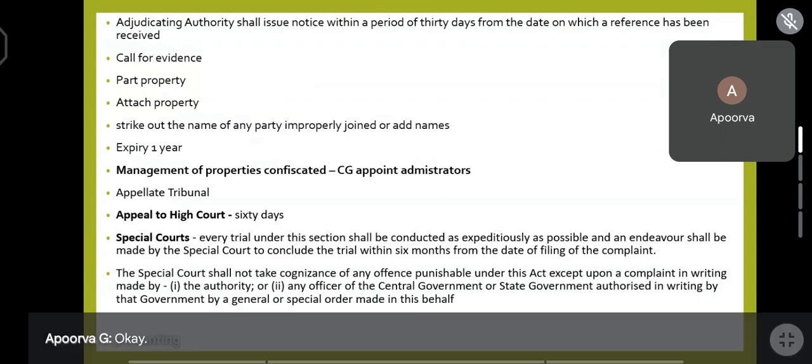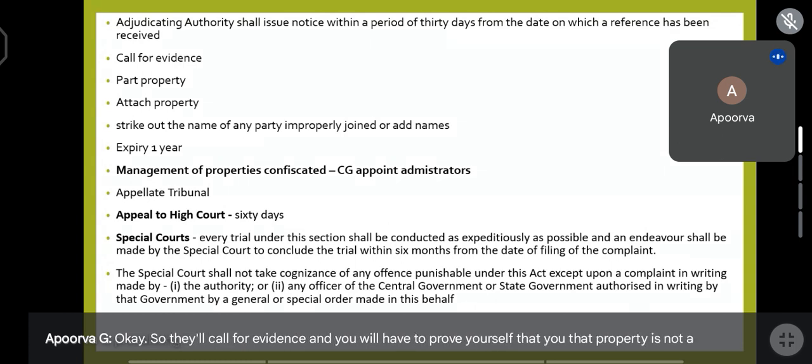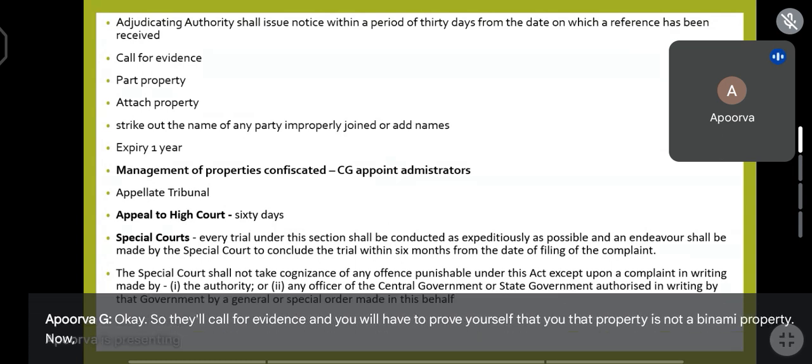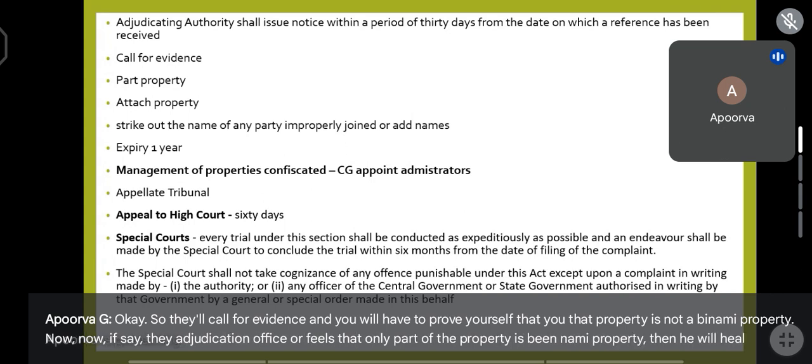Okay. So they'll call for evidence, and you will have to prove that the property is not a benami property. Now, if the adjudication officer feels that only part of the property is benami, he will mention that.